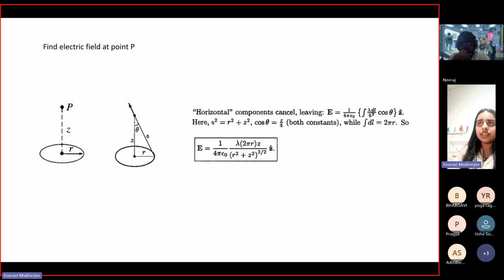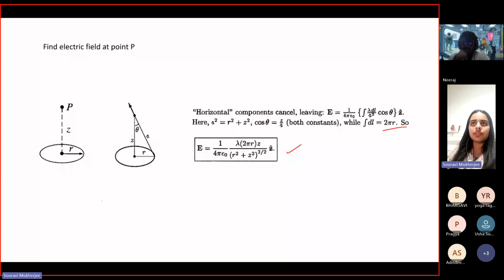Now here, interestingly, when you do an integration over theta, it gives you the net circumference of the ring. So when you do integration of dl, it's just 2 pi r, which again makes things simpler. So you can get an expression of electric field in this way. Basically, it's the same thing: you have to solve the integration, put the correct limits, look for symmetry, and use Coulomb's law.